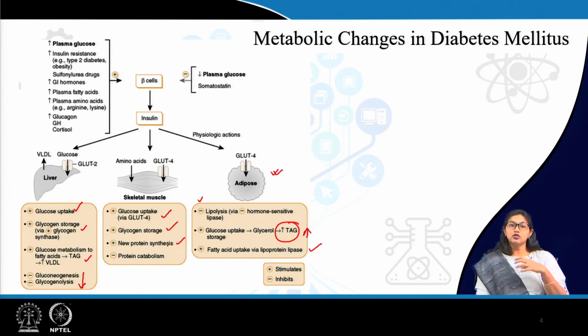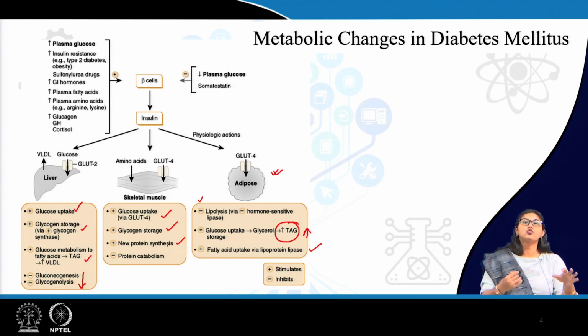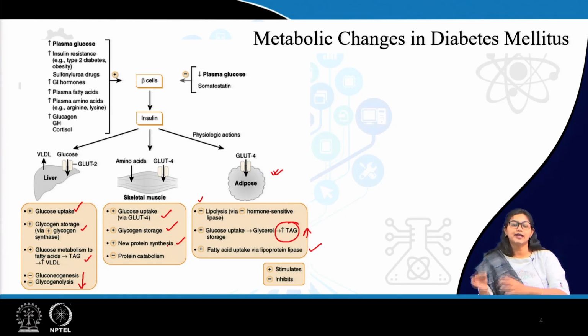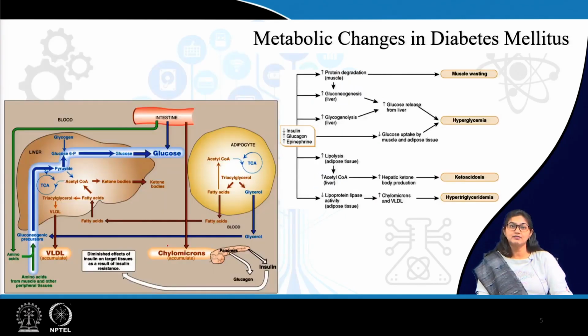The stored glycogen will be depleted, and proteins which are forming the skeletal muscle will be catabolized as a neoglucogenic material. So, these are the manifestations which occur via this metabolic chart. You can easily extrapolate what will be the metabolic changes in diabetes mellitus.